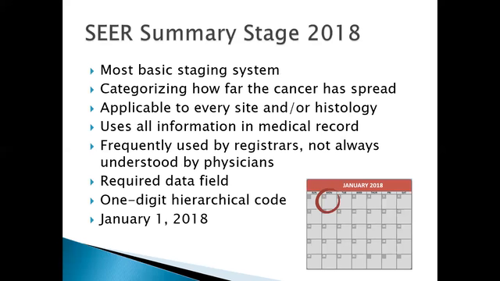So it always depends, all the rules, and when we use new manuals or revised manuals, it's always determined by the patient's date of diagnosis. Okay, so for summary stage 2018, it's January 1, 2018. Just like the solid tumor rules and the STORE manual and the grade rules that we'll get to as well.